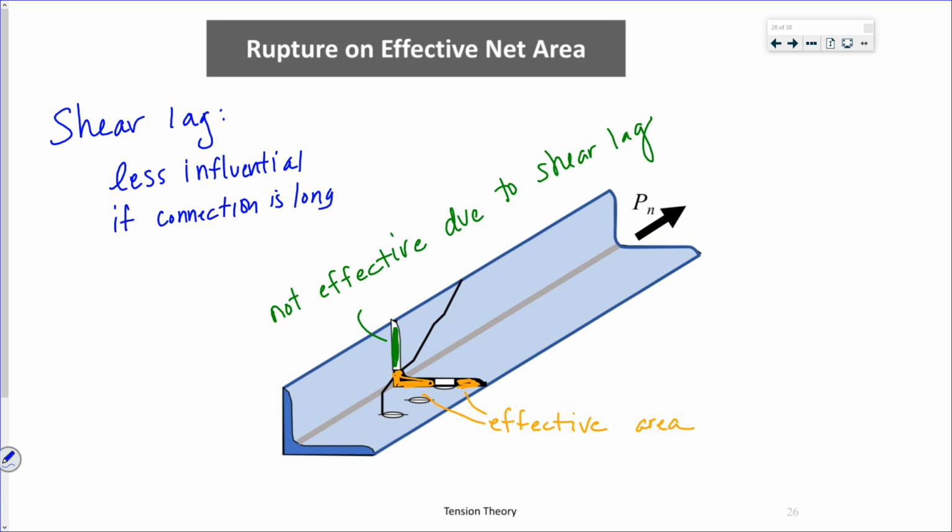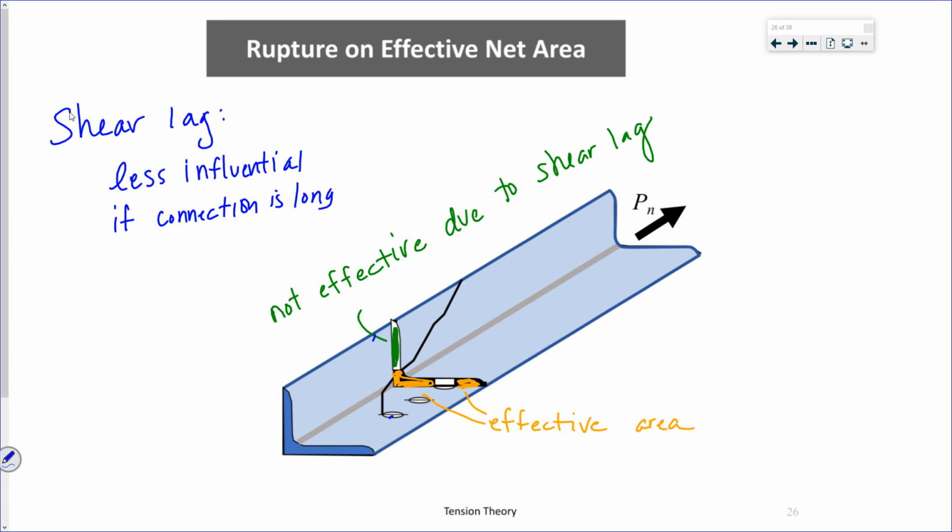If I had a bolt hole like way out here and I drew that 30°, by the time I got to that first bolt line, it would all be effective. But because I have a shorter distance from my last bolt hole to my lead bolt hole, I have shear lag.